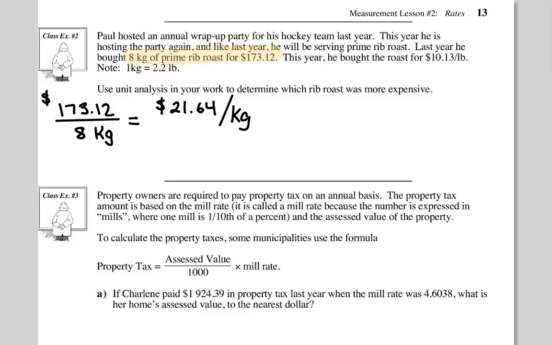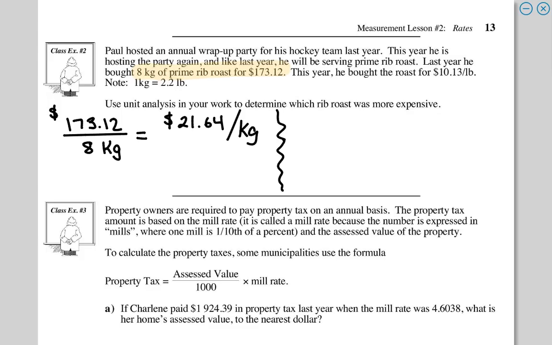They're different units. So you have to do a unit conversion. So put a little squiggly, and let's talk about this $10.13. That was for 1 pound, LB, 1 LB.